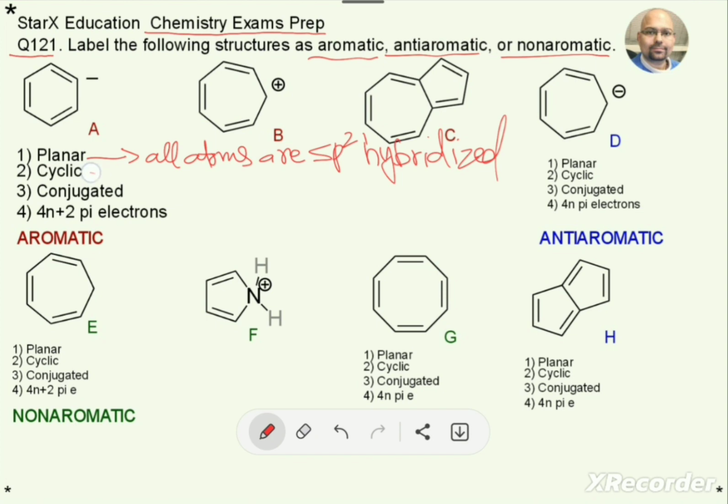Now the second condition is that the compound or species should be cyclic, which means all atoms taking part in the aromaticity must be in a closed cycle.